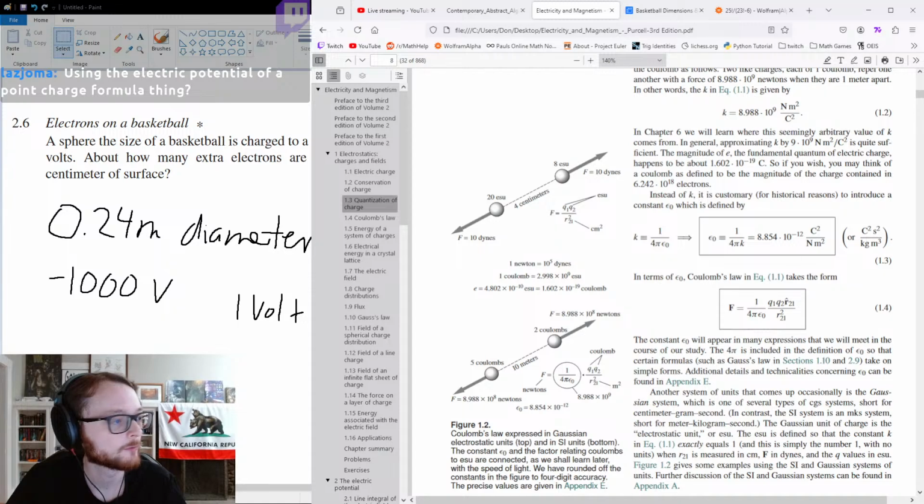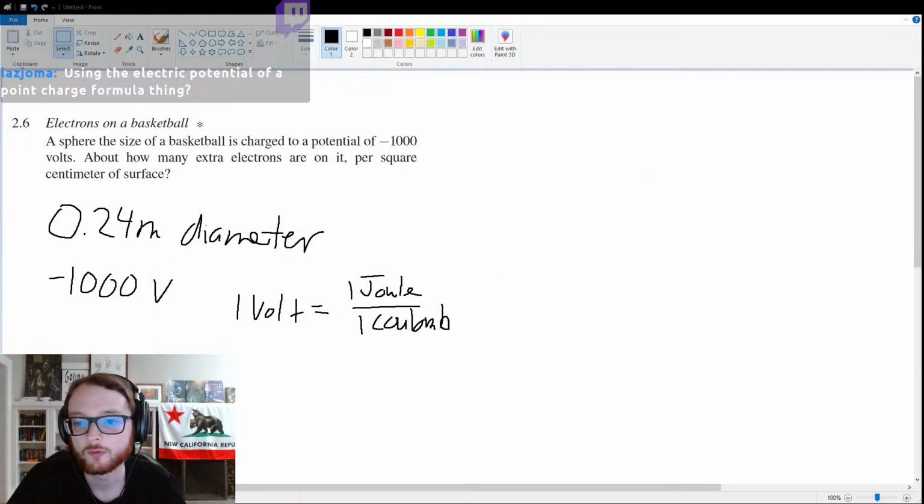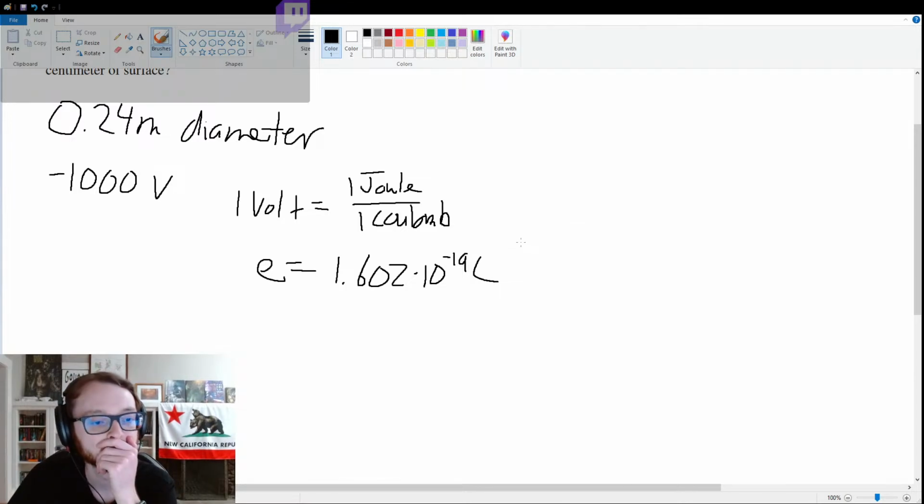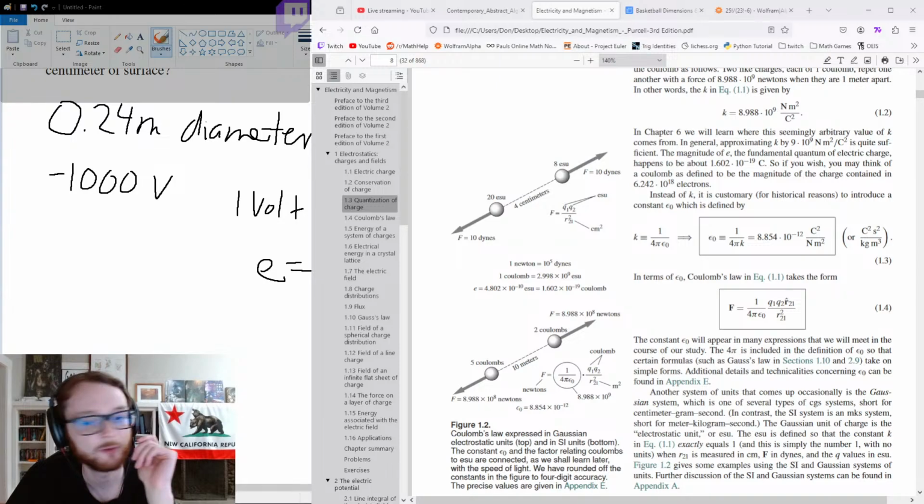We write down the conversion factor for E versus coulombs: 1.602 times 10 to the minus 19. I don't think we need a formula like that. We already know what the voltage is. That's what we would want to solve for.